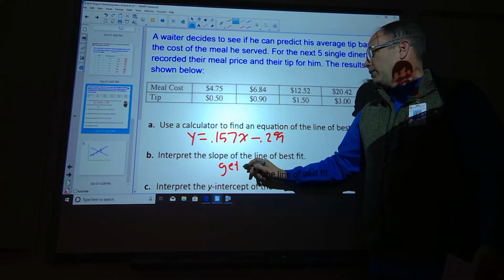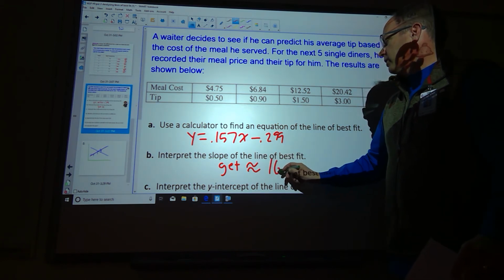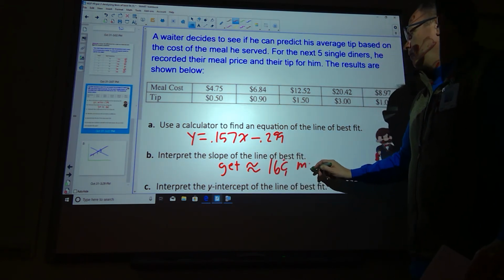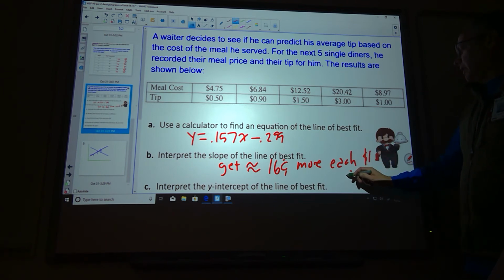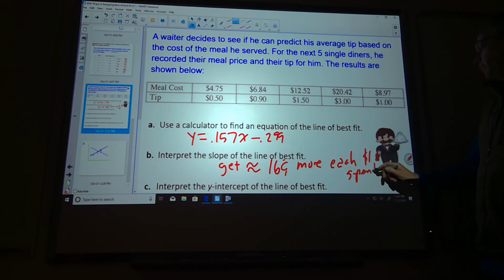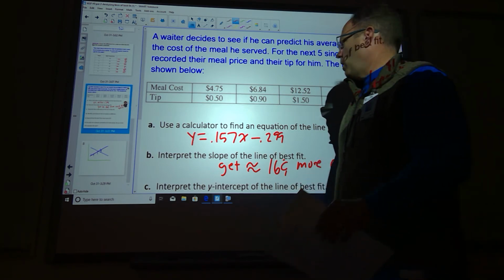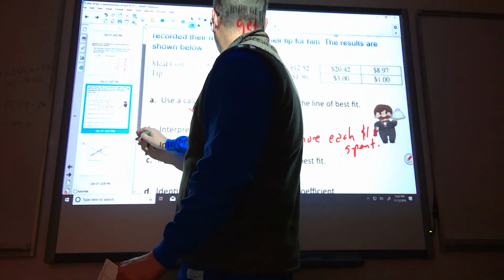Interpret the slope. He gets about 16 cents more each dollar spent. 16% tip. Okay. What is the y-intercept in the context of this problem?